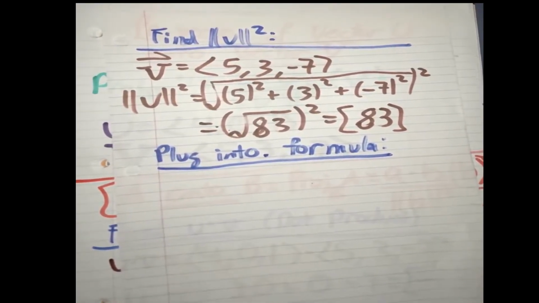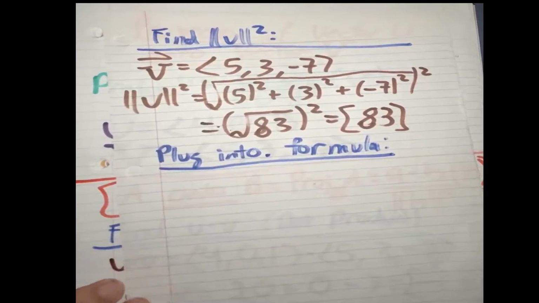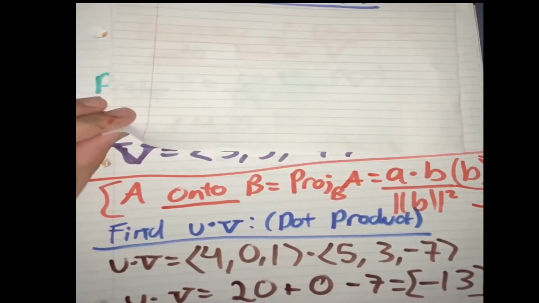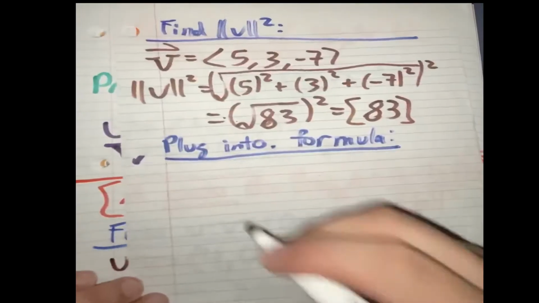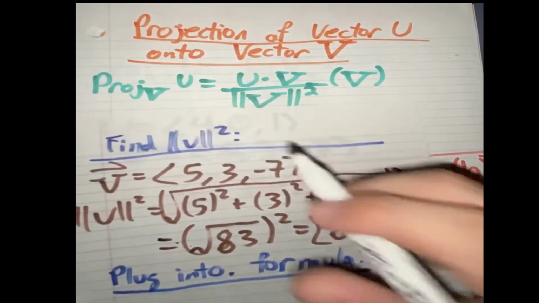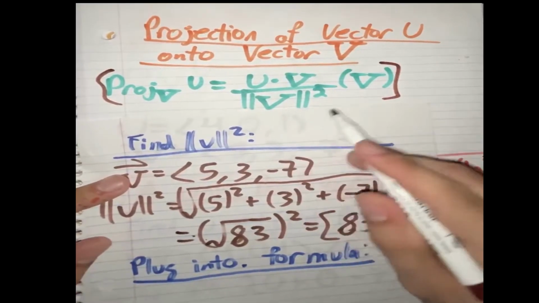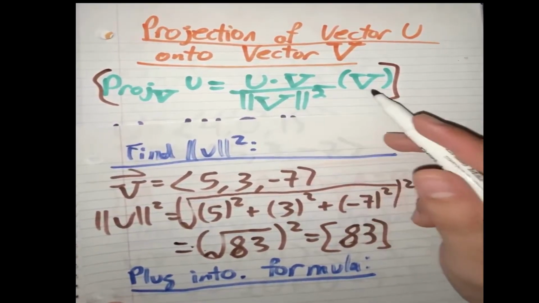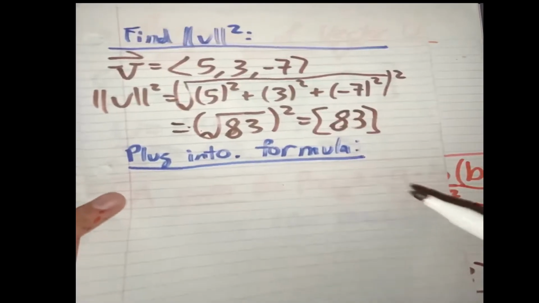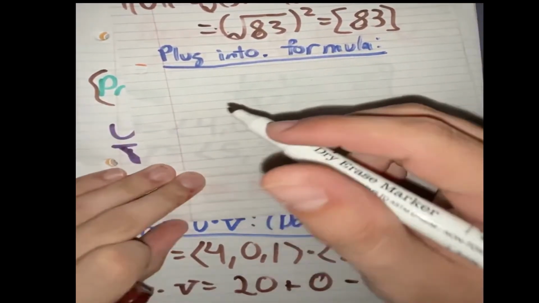When we plug this into the formula, we get negative 13, which was our u dot v. Our formula is right here. This is the formula that I'm using: u dot v divided by the magnitude of v squared times our vector v. So u dot v, we got negative 13.